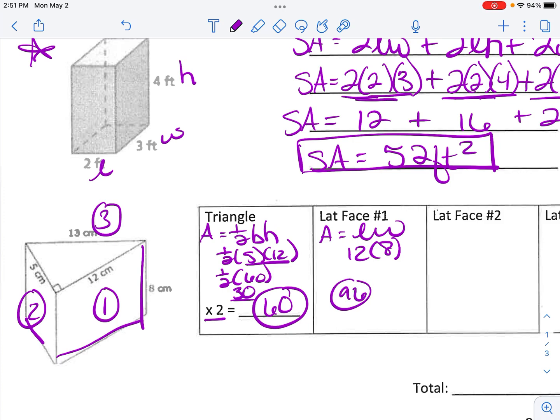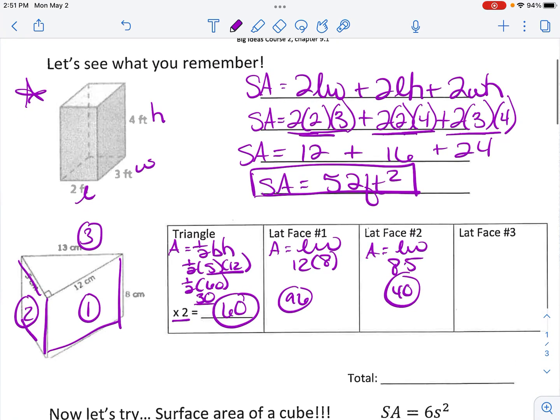Lateral face 2, I have 8 by 5, which is 40. Lateral face 3, which is 13 by 8, which is 104.